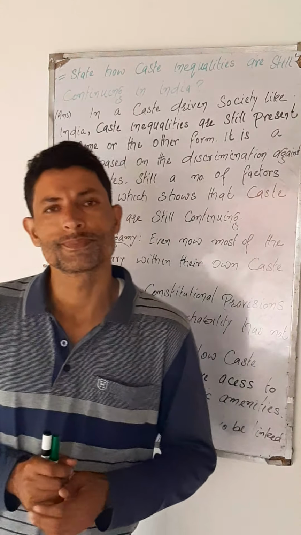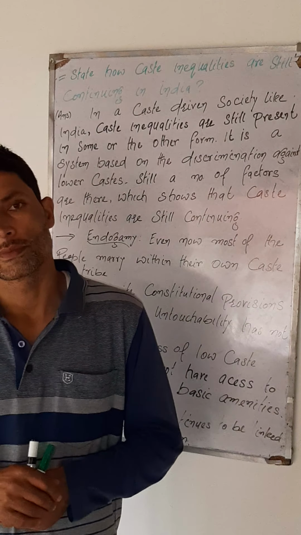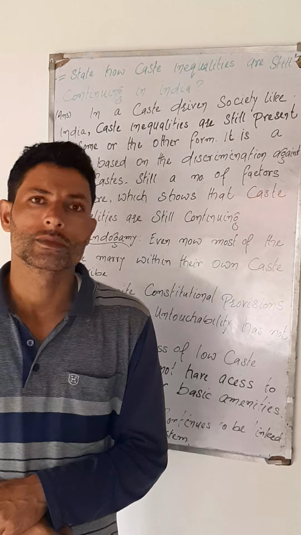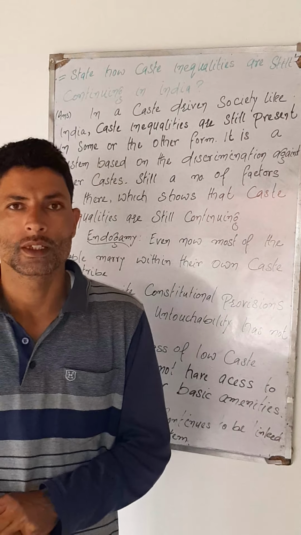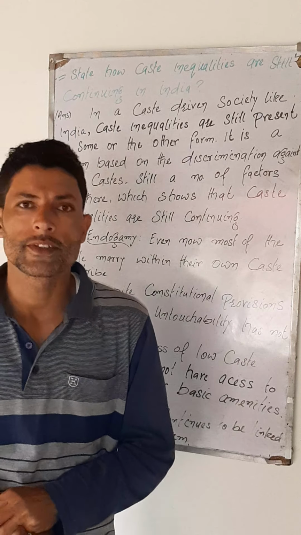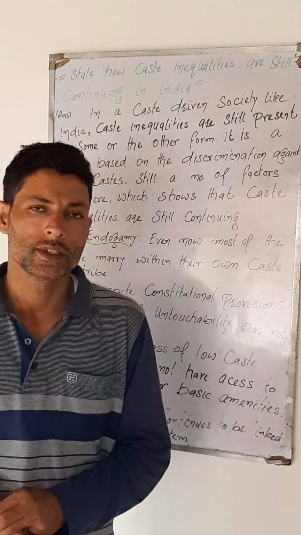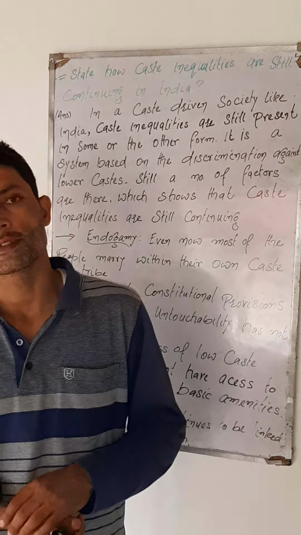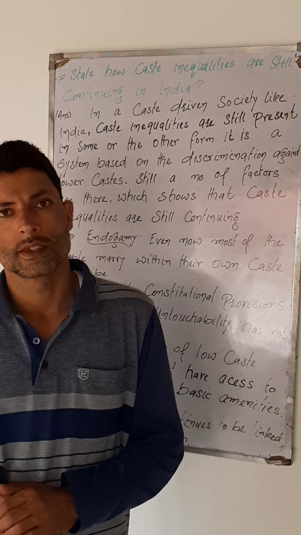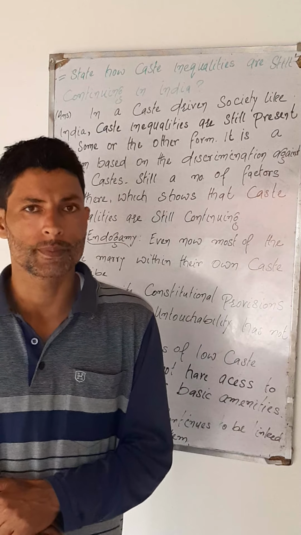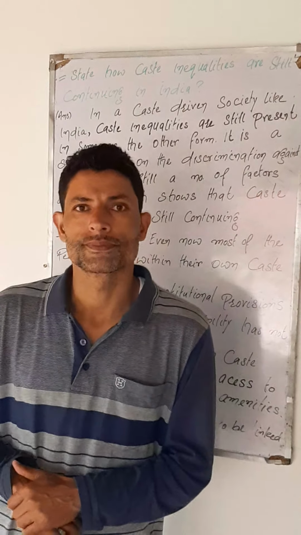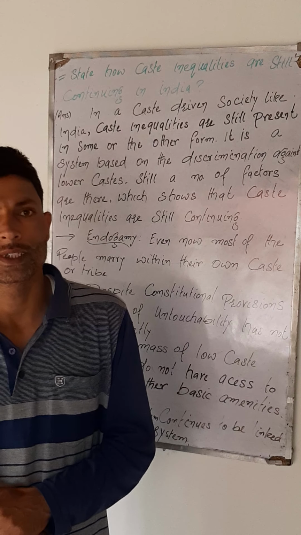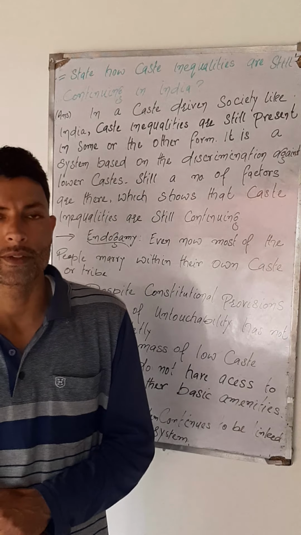So here we can also assume that the caste system is still prevalent in our society because one segment of society is living a prosperous, luxurious life, full of amenities and facilities, whereas the remaining segment of people still have no basic amenities with regard to education, food, clothing, shelter, and are still exploited in many ways.